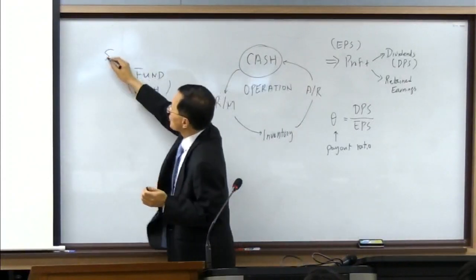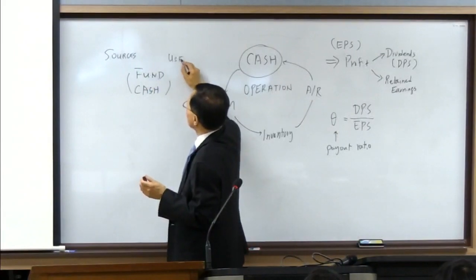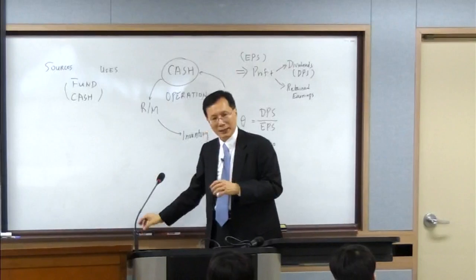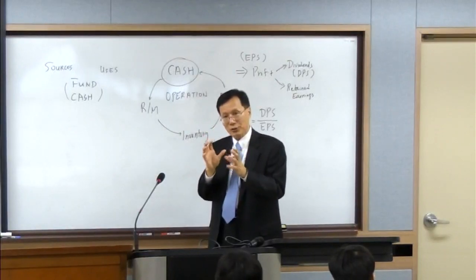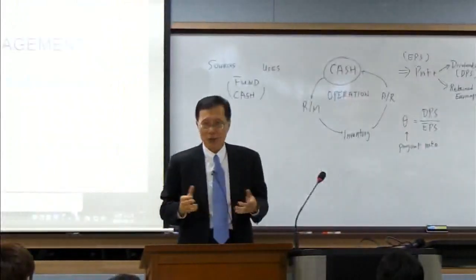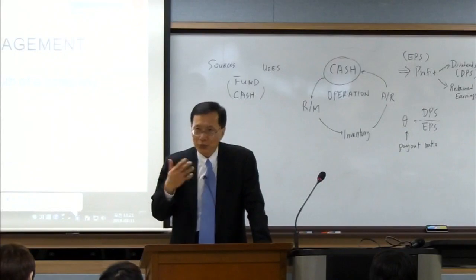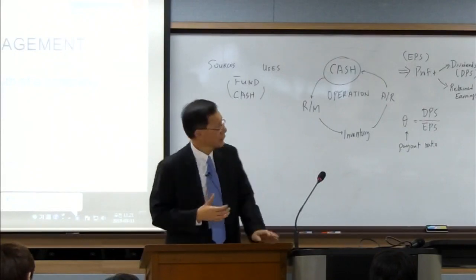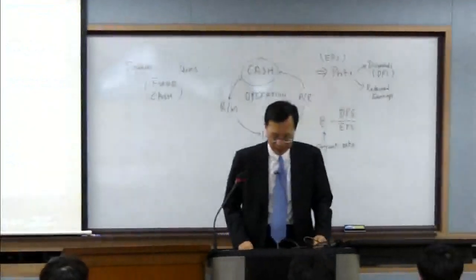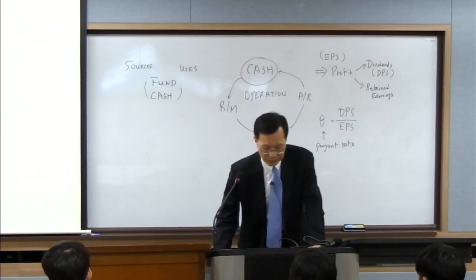In other words, sources and uses of funds, or sources and uses of cash, becomes an important piece of information for decision makers as well as investors outside. So we would like to look at the sources and uses of funds today, moving on with financial statement analysis.